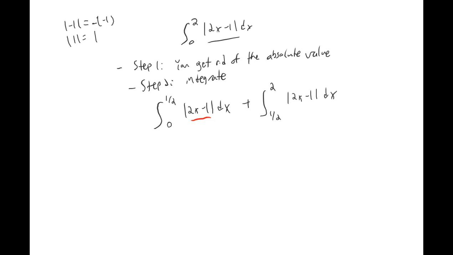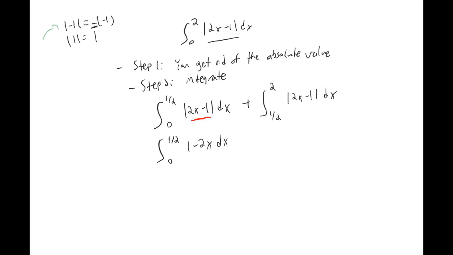So what does absolute value do to negative things? You answered it for -1. It negates it. So that's why I wrote the negative thing here. You make it negative, and so you get 1 minus 2x. Everyone agree?